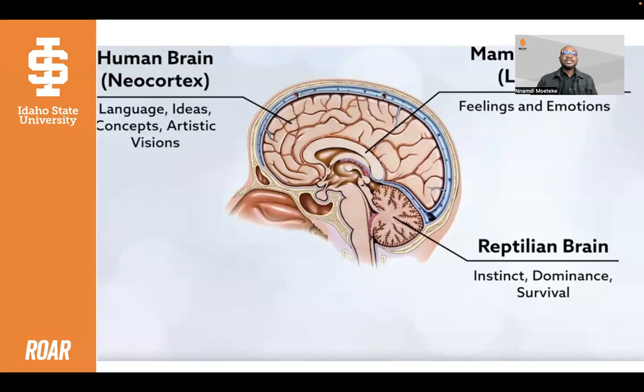This is the part of the brain that can be influenced by learning and development opportunities like the one you are in now. That gets you to think more consciously about your perspectives and interactions. So if you bring these three parts of the brain together, the reptilian brain, governing instinct, dominance, and survival, the mammalian brain, or limbic brain that governs feelings and emotions, and the neocortex or human brain that's evolved and engaged in language, ideas, concepts, and artistic visions.